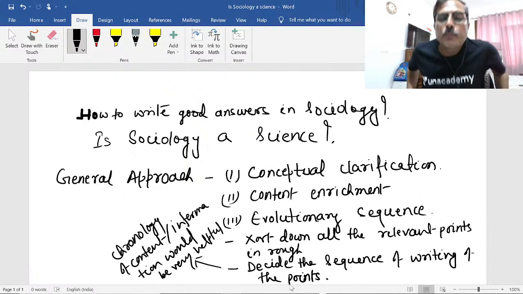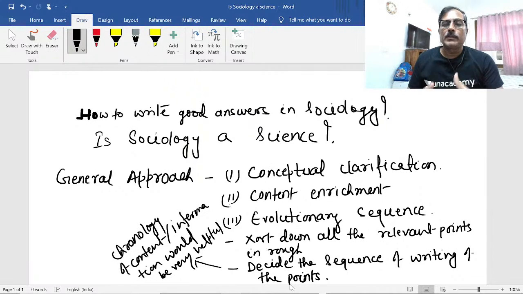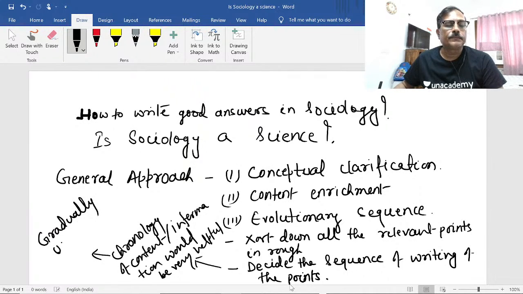So we have to put the points in order, what should come first and what should come later on, and this evolution means your answer should gradually unfold.